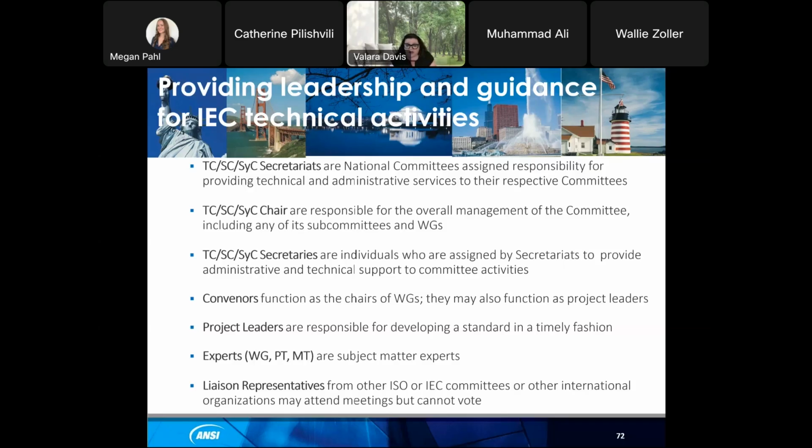There are also liaison representatives between maybe ISO and IEC, or between two different IEC technical committees, or other international or national organizations, who may attend meetings and participate, but they are not voting members on the technical committee. So these are all important roles and leadership roles to consider. Next slide, please.